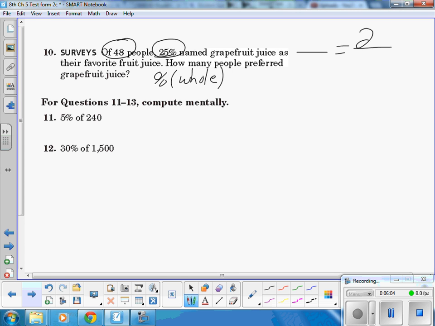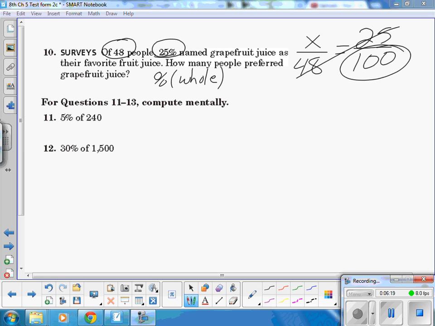The percent is 25. The whole is 48. Now we can figure out the part. 48 times 25, divide by 100. Answer is 12. So how many people preferred grapefruit juice? 12 people preferred grapefruit juice.